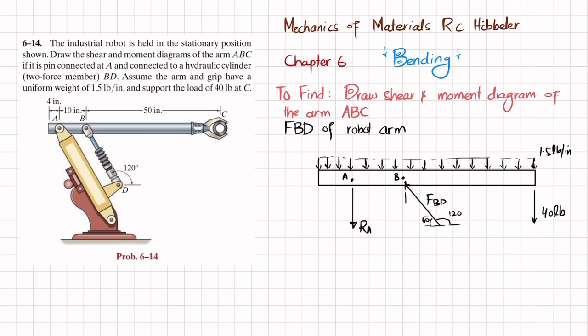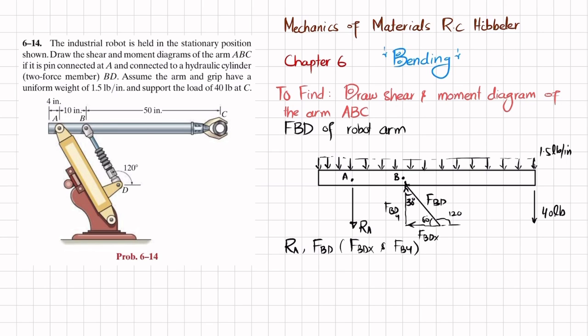If you take these two components, one is the FBD X component and the other is the FBD Y component, so this angle will be 30 degrees. Clear? So we'll find this RA, and we'll find FBD and its components, FBDX and FBDY.